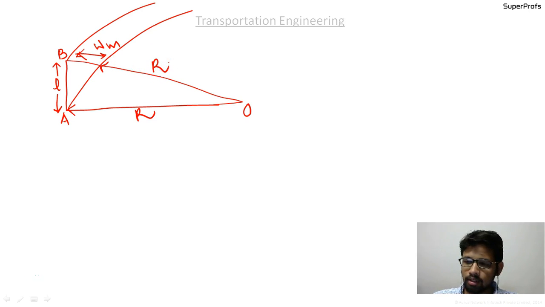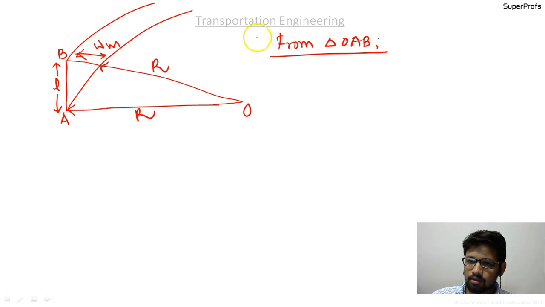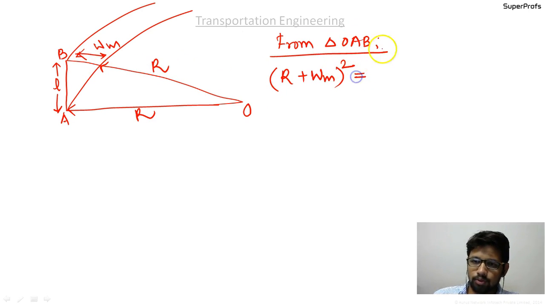From triangle OAB, (R plus Wm) square equals R square plus L square. So we get R square plus twice R Wm plus Wm square equals R square plus L square.